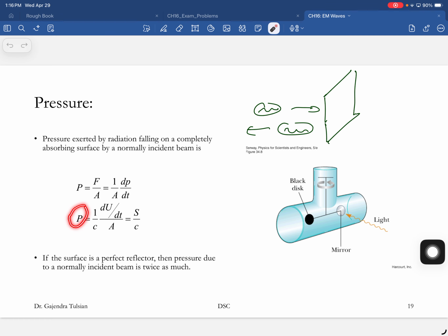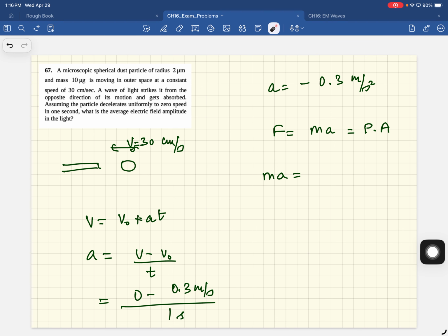Here's the pressure exerted by a beam of light that is absorbed. Okay, so it's intensity divided by C, which is S average divided by C times pi r squared, where r is the radius of that thing.